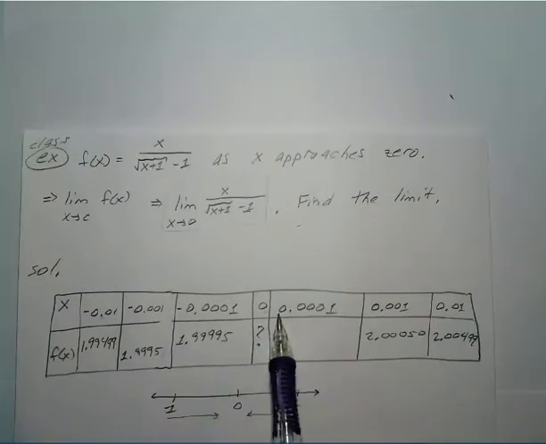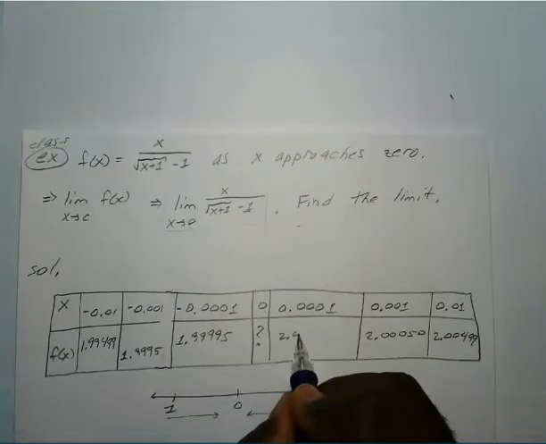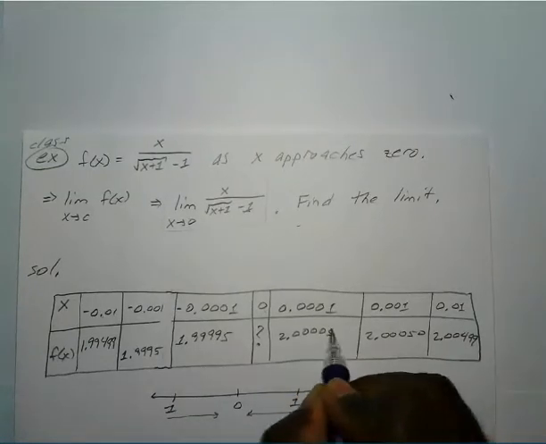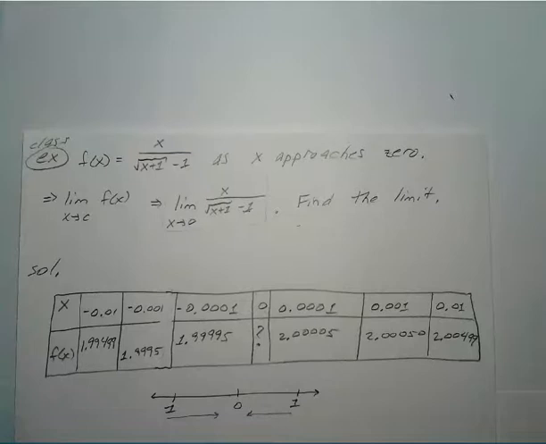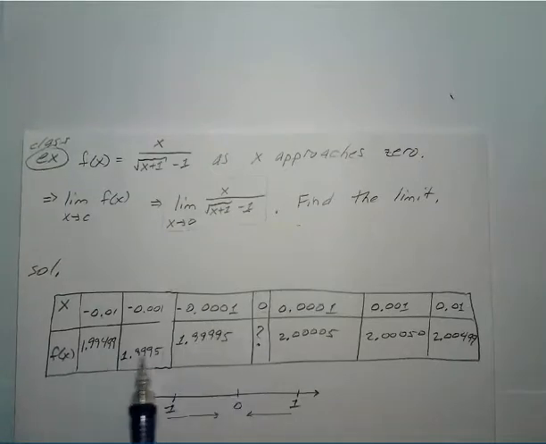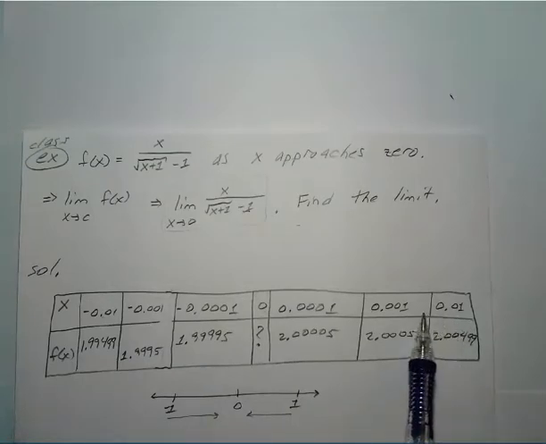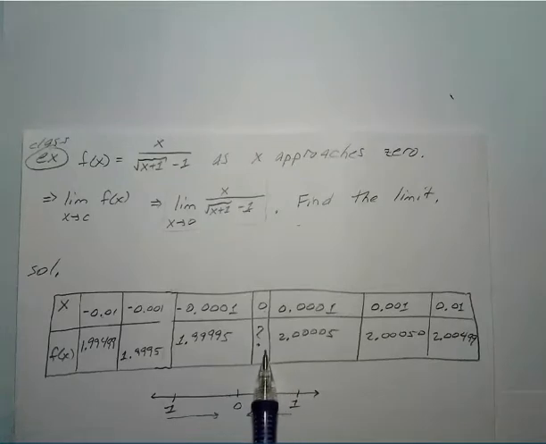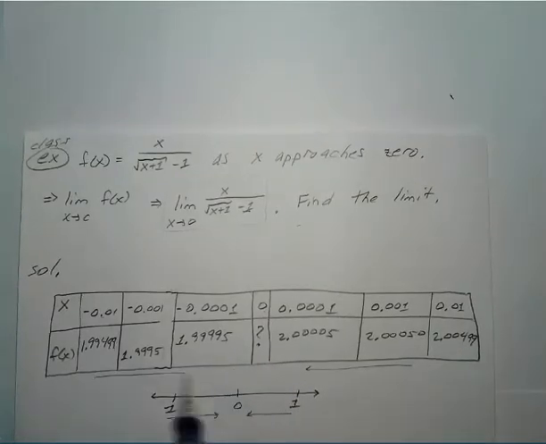Okay, now if you plug in 0.0001, you will get 2.00005. Okay, so as you can see here, when you plug in those x values that get closer and closer to 0 from the left, you get closer and closer to 2. If you plug in those x values that get closer and closer to 0 from the right, again, you get closer and closer to 2. Okay, so you're getting closer this way and closer this way.